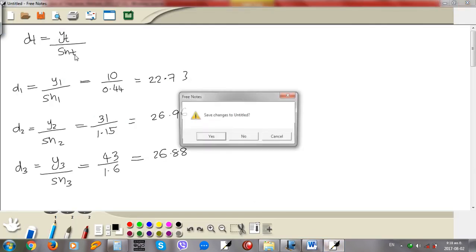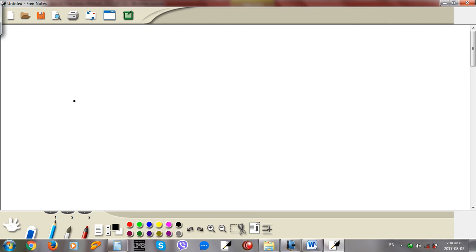So we can write the equation: trend t equals beta naught hat plus beta 1 hat t.